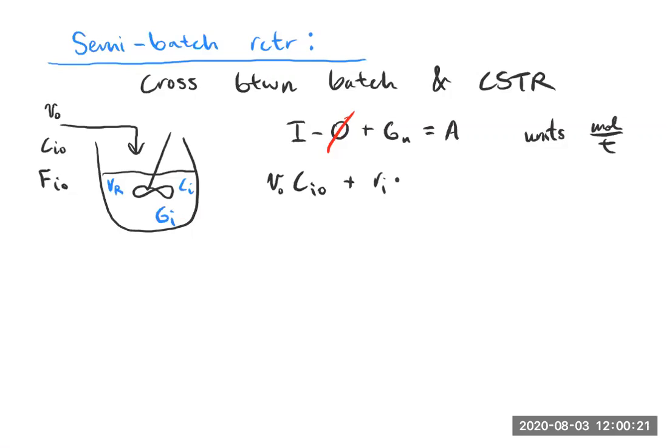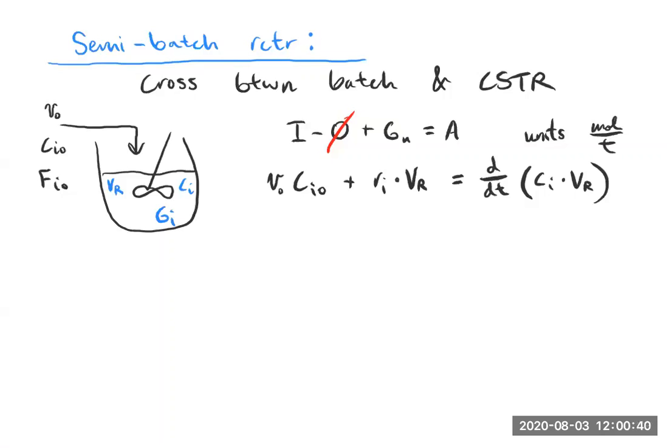And now, if we remember that dNi over dt, when we do the substitution to put it in terms of concentration rather than moles, we end up with the product of concentration times the reactor volume.